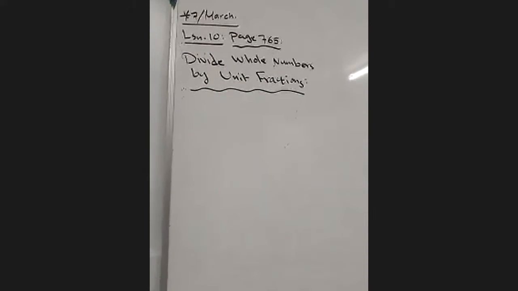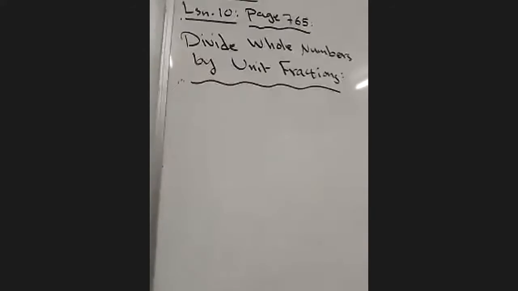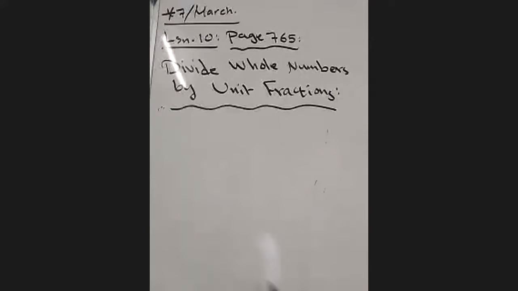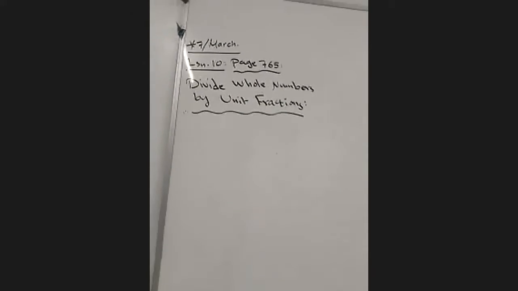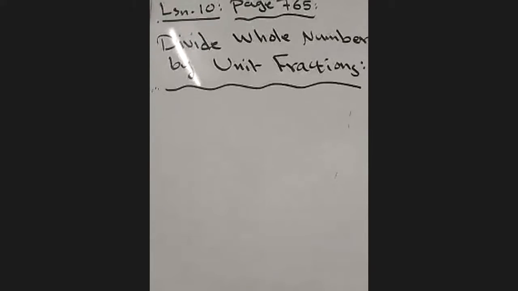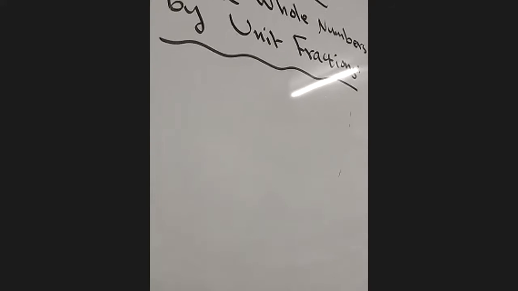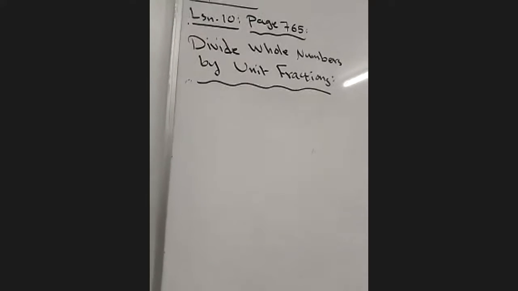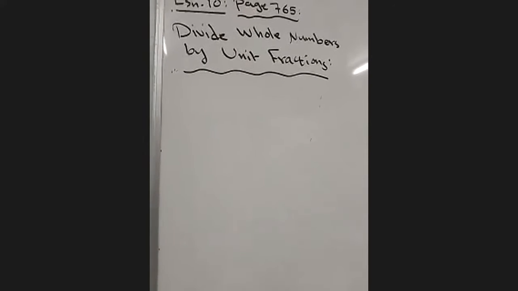Let's start. Now here, guys, we will divide whole numbers by unit fractions. Now, in the previous lessons, we did multiply. We said if you want to multiply whole number with a fraction, two fractions, mixed numbers, we always multiply the fraction by the fraction by multiplying up and down normally.